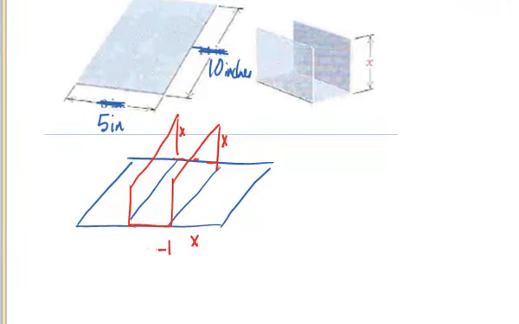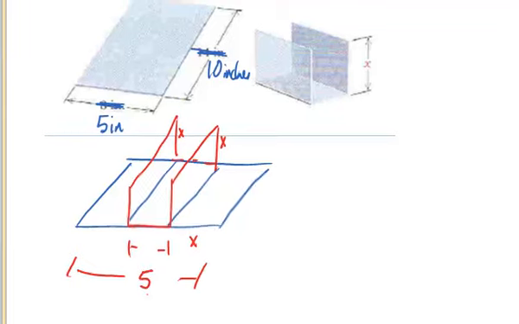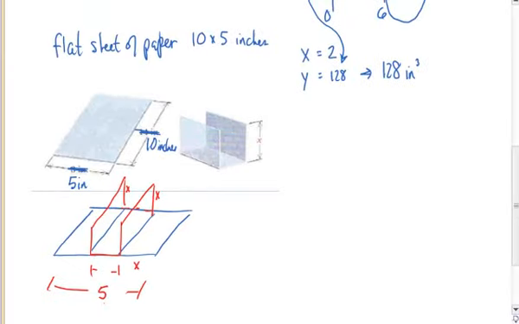And the remaining length will be whatever our overall length was, which we'll say is 5, minus 2x. So this dimension right here will be 5 minus 2x, as we did in class today.